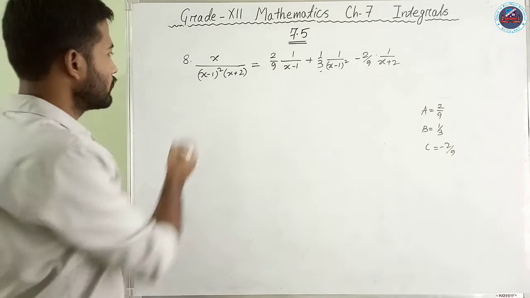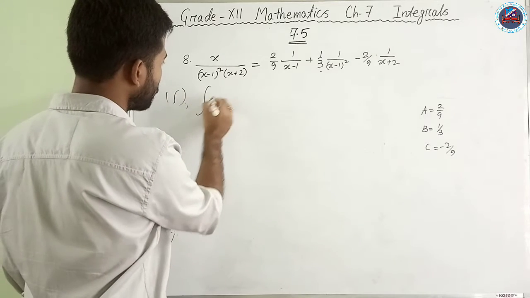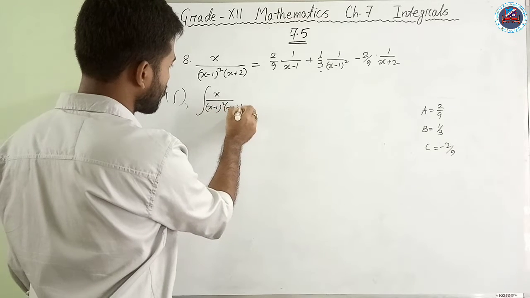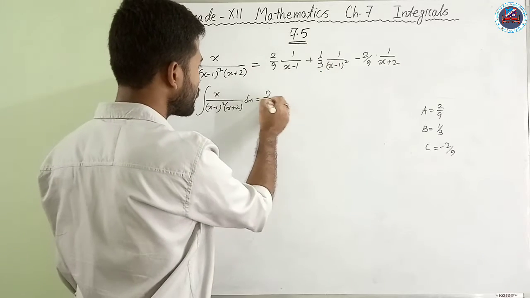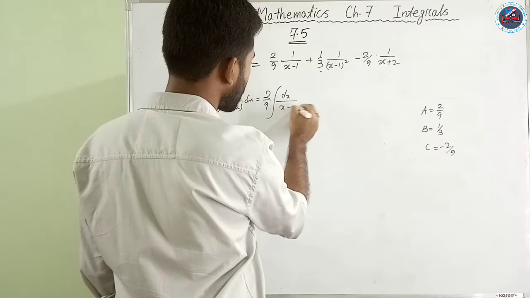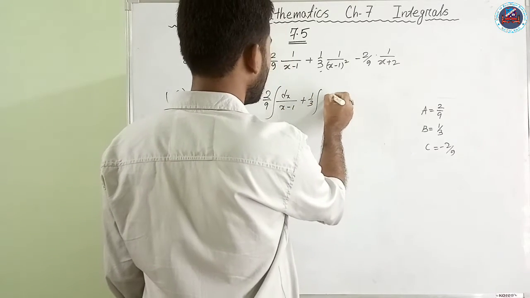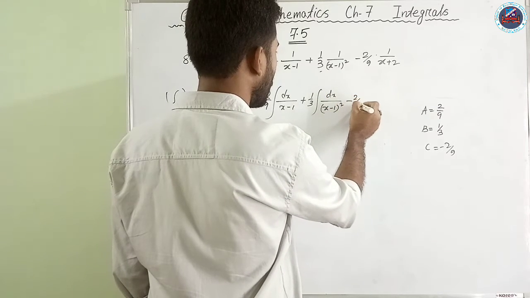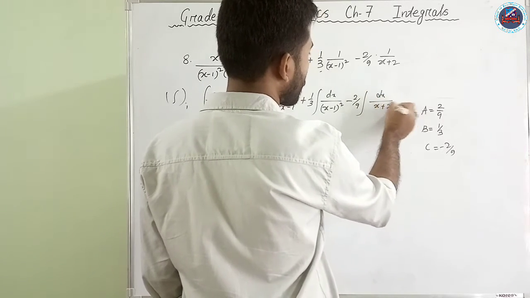Now integrating, so integration of x by (x minus 1) whole square (x plus 2) dx. If we integrate this, the whole thing will be integrated. 2 by 9 is a constant, so bring it outside: integration of dx by (x minus 1) plus 1 by 3 into integration of dx by (x minus 1) whole square minus 2 by 9 integration of dx by (x plus 2).